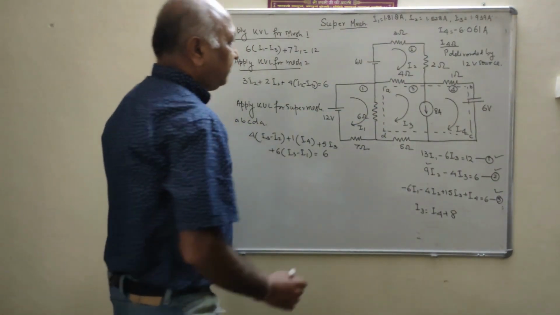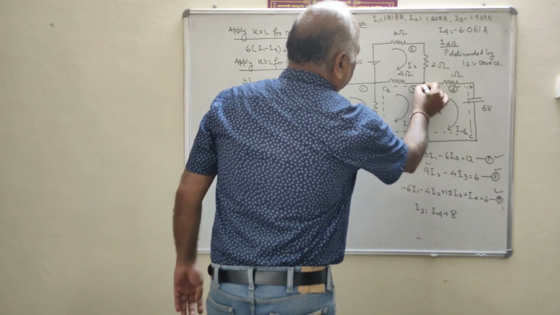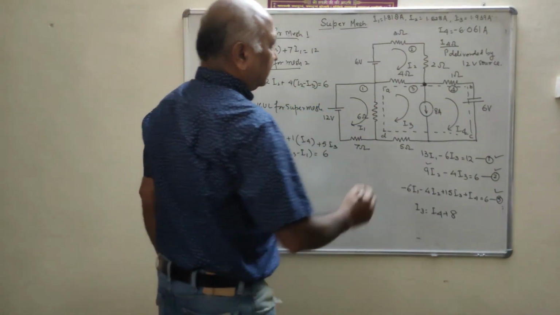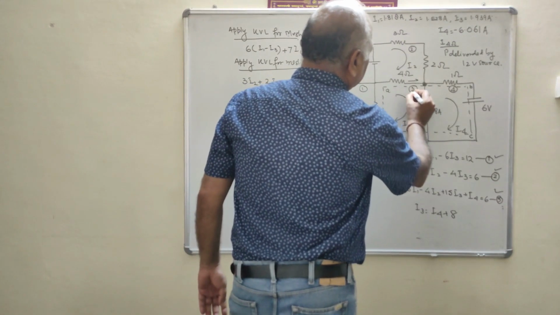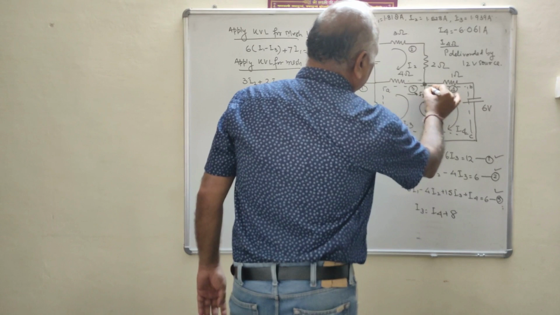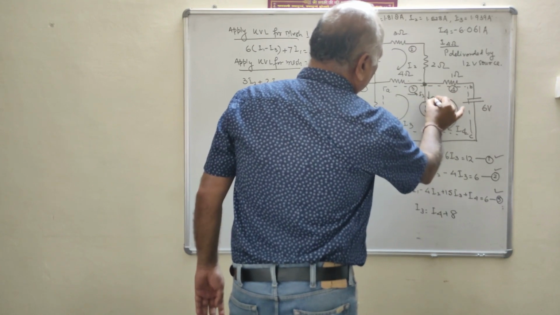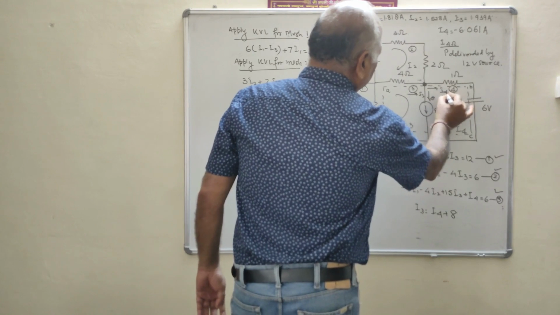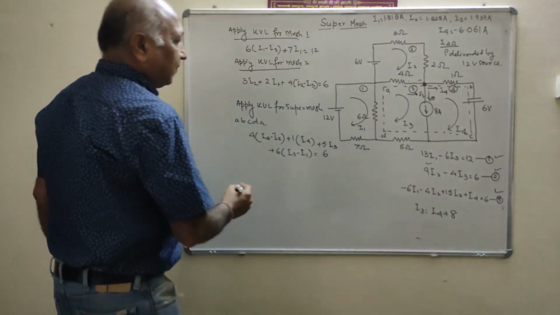Now we will apply KCL at this point. What is the incoming current? This is I3. I3 is incoming, 8 is outgoing, and here this is I4.